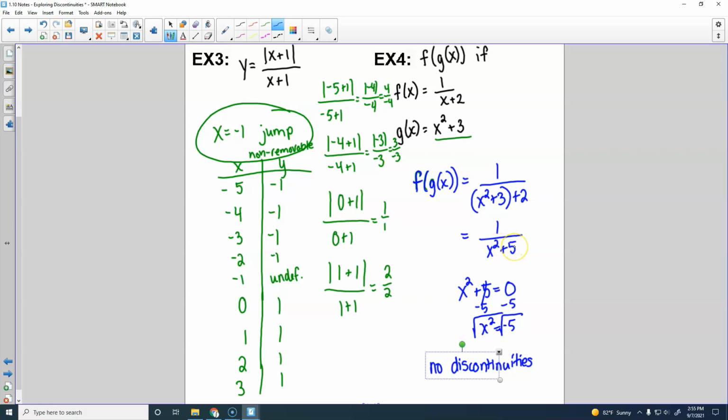Add 5 to it, it's still positive, right? There's nothing that can make this 0, because any negative number, once you square it, is going to become positive. And then you're adding more to it, so it's got to be a positive number in that denominator. So number 4 does not have any discontinuities. It would be continuous for its entire domain.